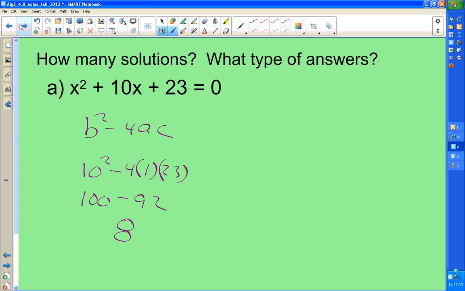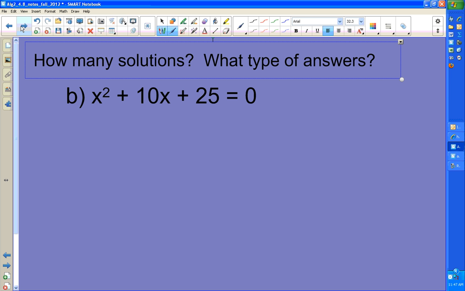Again, it's great to know that there's two real solutions, but in the whole scheme of things, who really cares? We want to know what the solutions are. How are you going to find the solutions? You're going to use the quadratic formula. And we can go through and ask you a bunch of questions like that. What kind of roots are there? 10 squared minus 4 times 1 times 25 is 100 minus 100, which is 0.